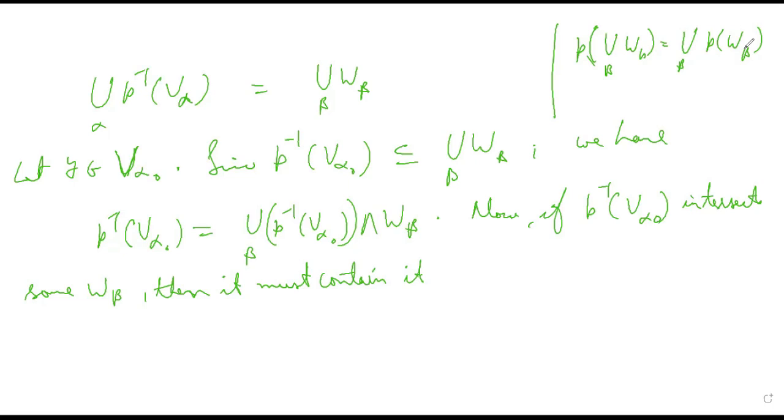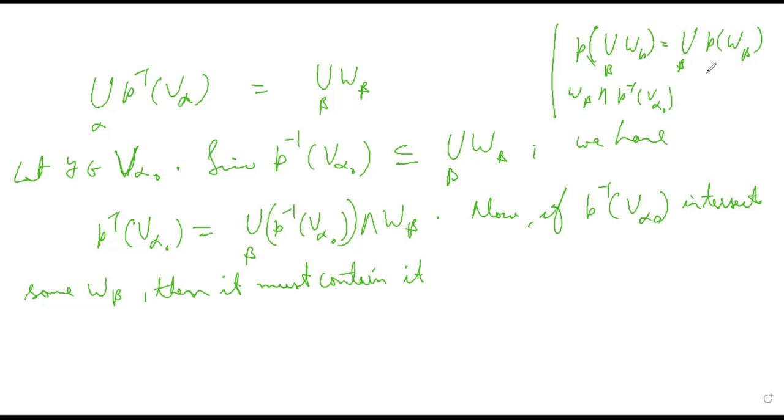Now, if some W beta intersects P inverse V alpha naught, and W beta is not completely contained in P inverse V alpha naught, then P of W beta will intersect V alpha naught as well as some other V alpha.